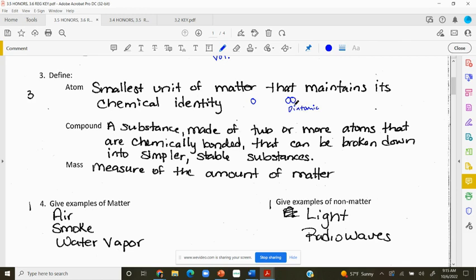So diatomic molecules, you might have two together. You would never have three. I ended up having people tell me that 3 yesterday was an element on your lab that you turned in. So keep in mind that this is not an element. That would be a compound. So at most, you would have 2 that look like this in the diagram.